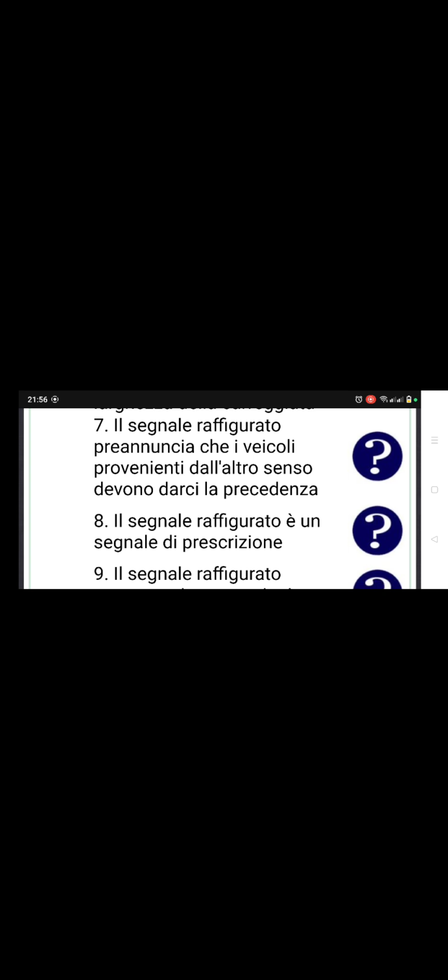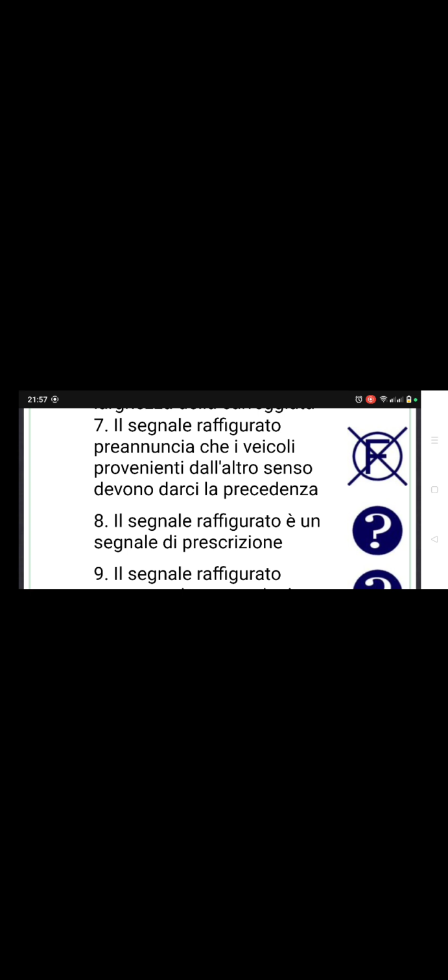Number 7, il segnale raffigurato pronuncia che i veicoli provenienti da altro senso non daranno la precedenza. So this sign figure is announcing that the vehicles coming from the other sense will not give the right of way, so we must give right of way.